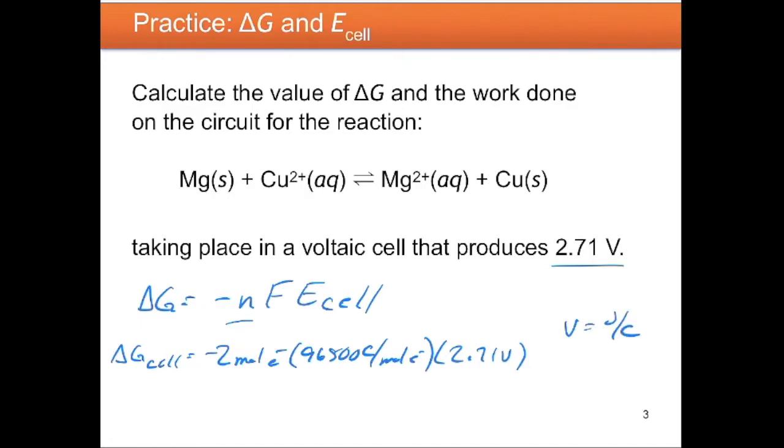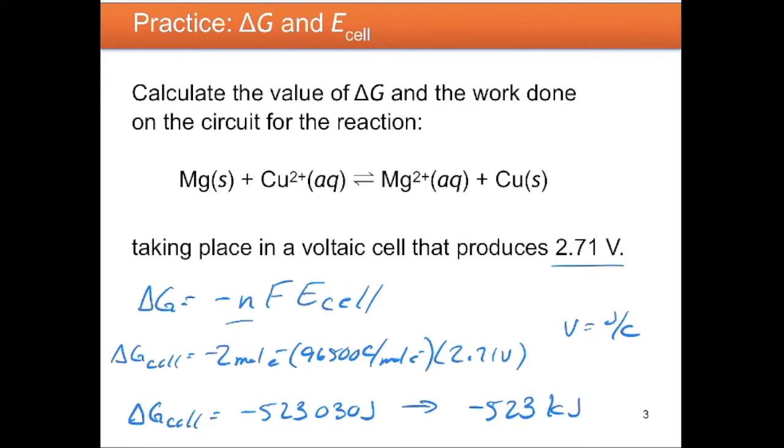So what we're going to get out of this is units of joules, which is exactly what we want for delta G. So delta G cell is going to equal minus 523,030 joules. We can put that into kilojoules as minus 523 kilojoules. Okay, so that's going to be delta G, and that's also going to be the amount of work that is done on this circuit.